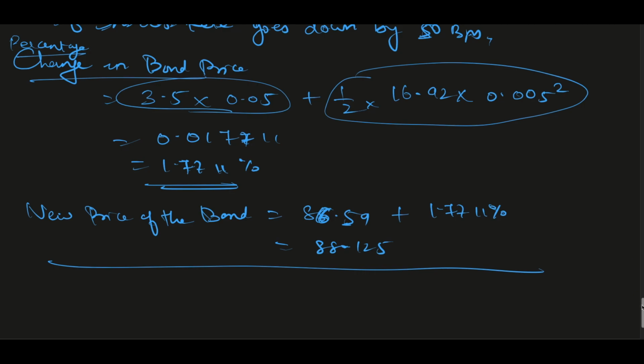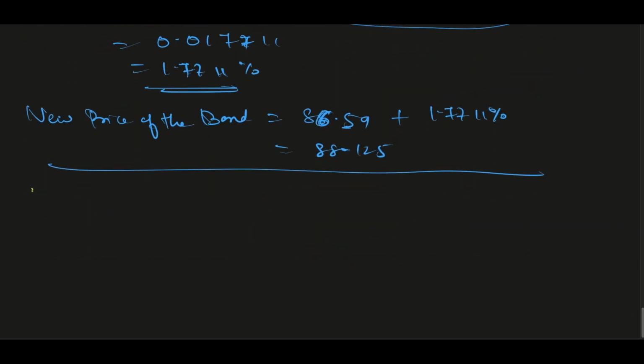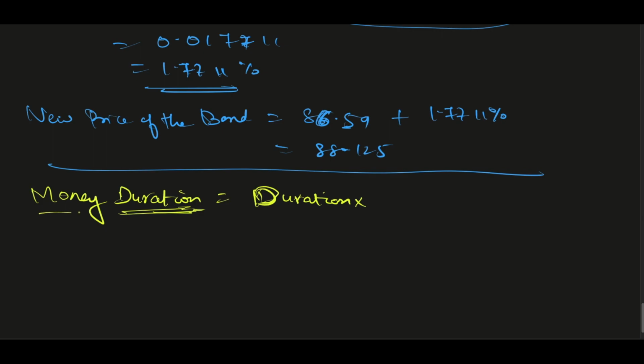Now if I want to calculate money duration, it is equal to duration into, so money duration means overall change in the value of the portfolio of bonds. Duration is change in the bond price for 1% change in the interest rate, and money duration is overall change in the value of the portfolio for 1% change in the interest rate.